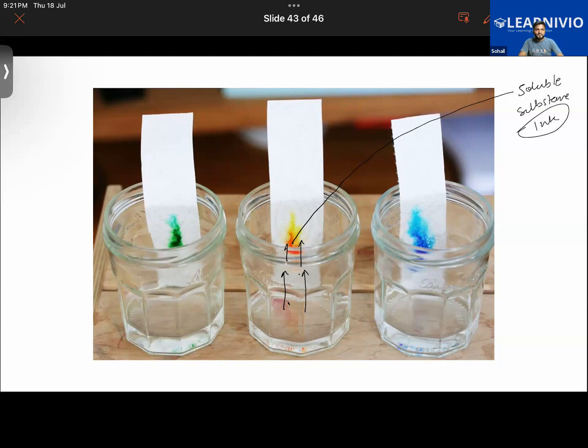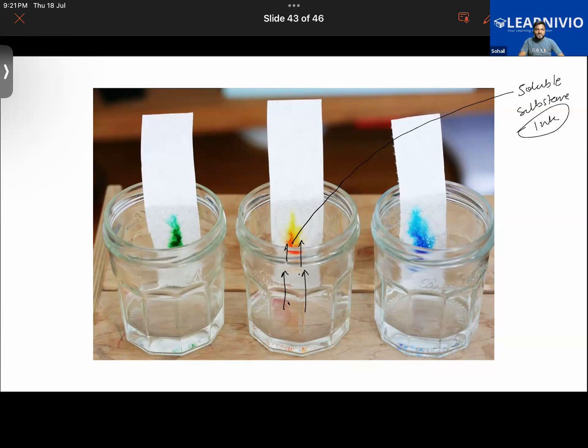So what are we separating here? We are basically separating the colors of the given substance. It is used to separate the colors of the given substance. Hope you guys have understood this.